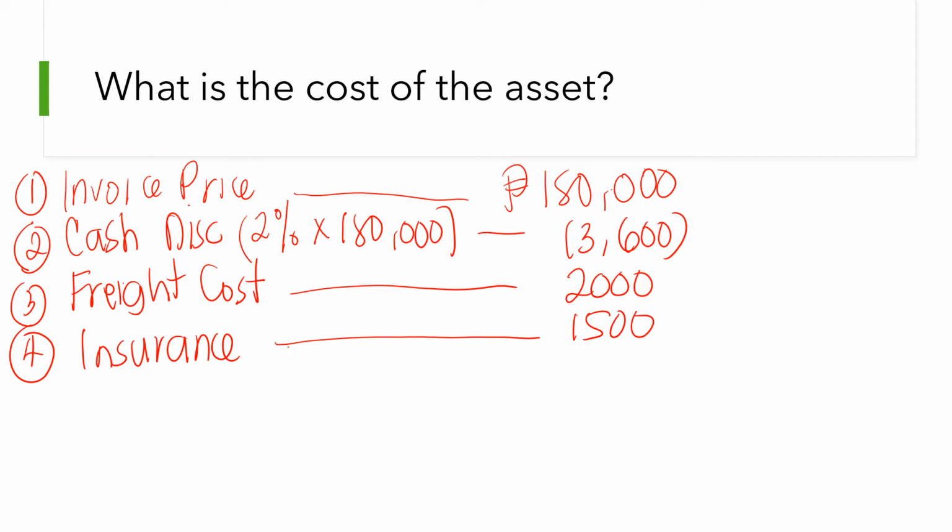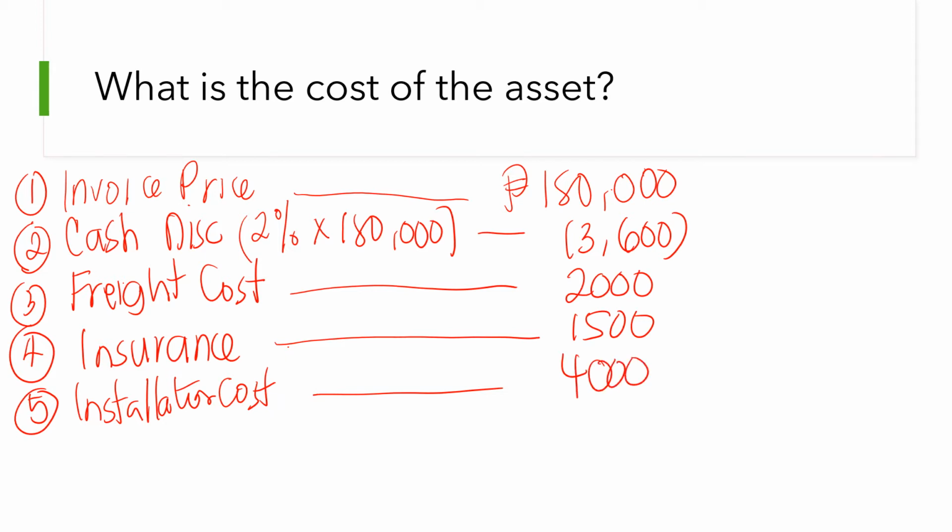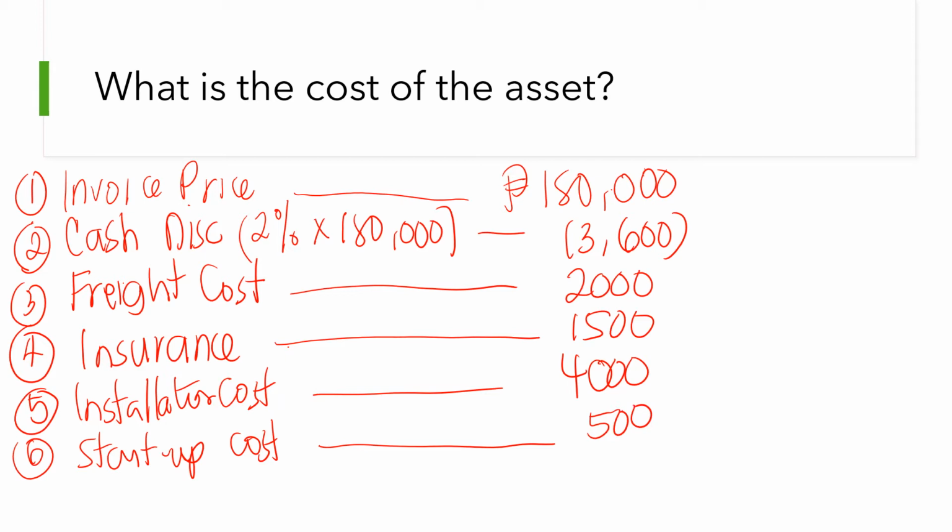Aside from insurance, the company also incurred installation costs amounting to 4,000 and also the necessary startup costs. So this is 500.